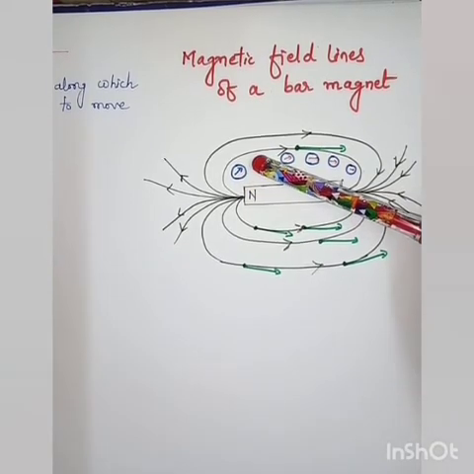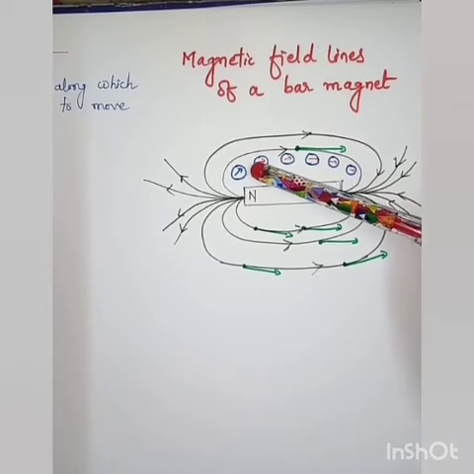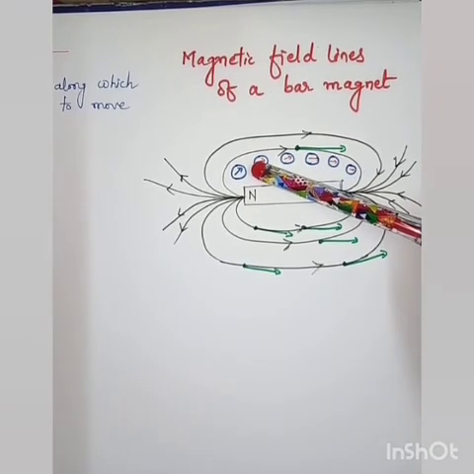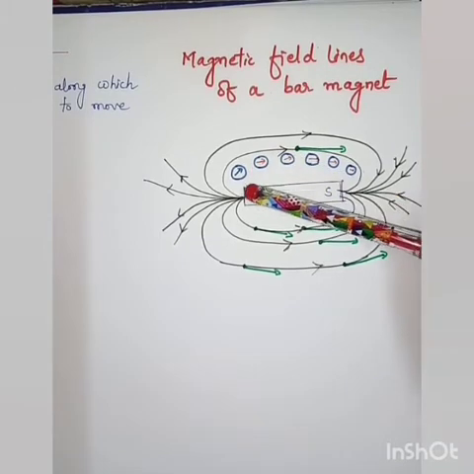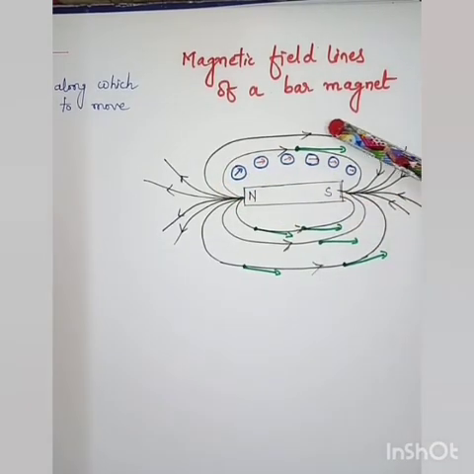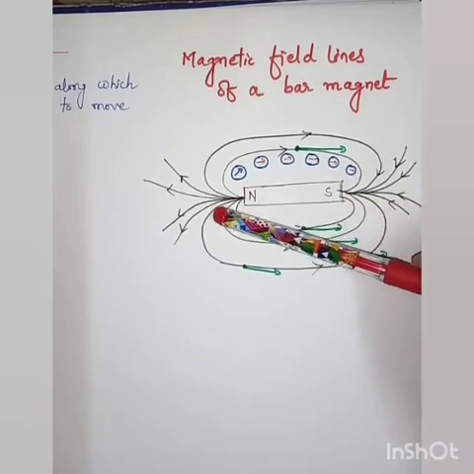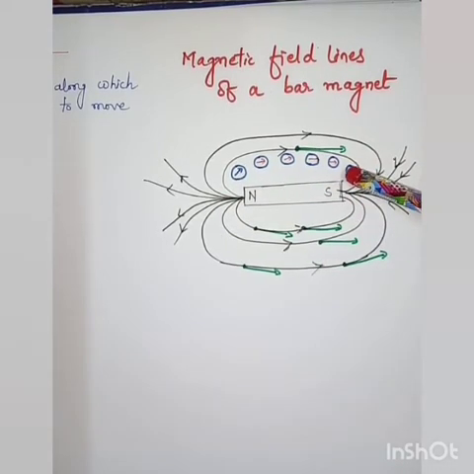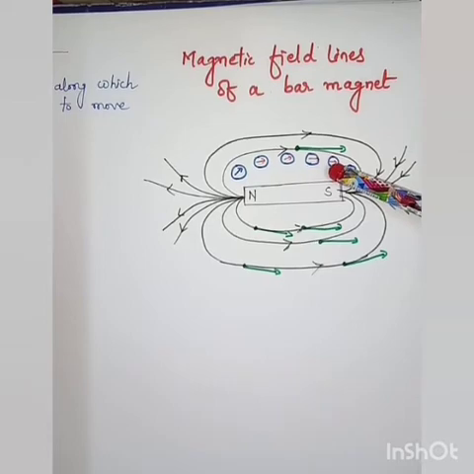In this way, if you keep the compass needle at every point, you will observe that the field line is in the form of closed curves. These are the magnetic field lines.